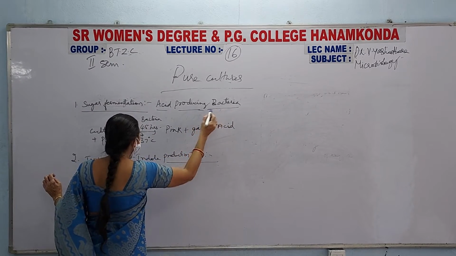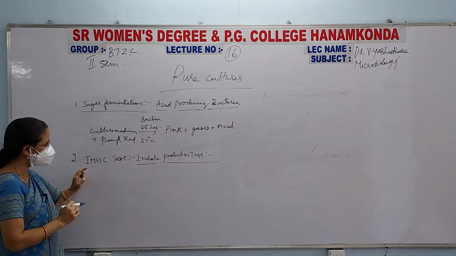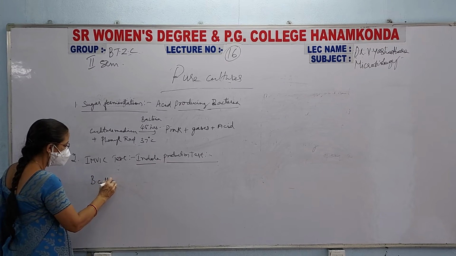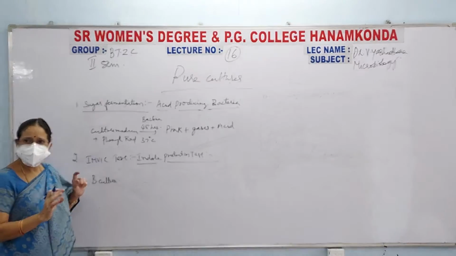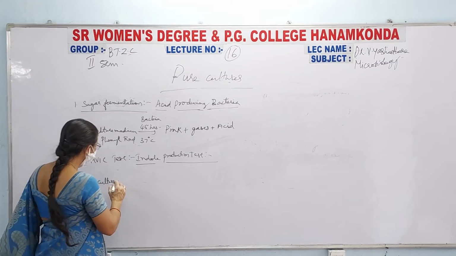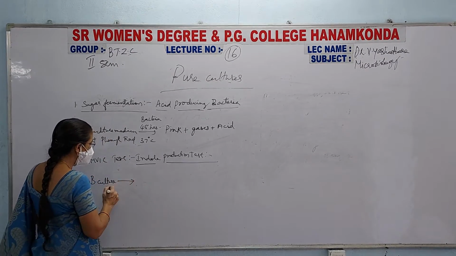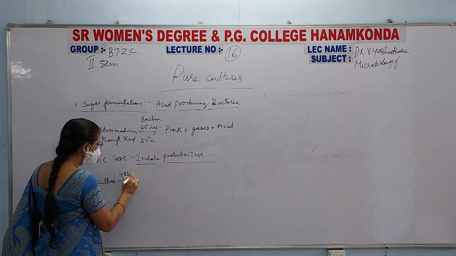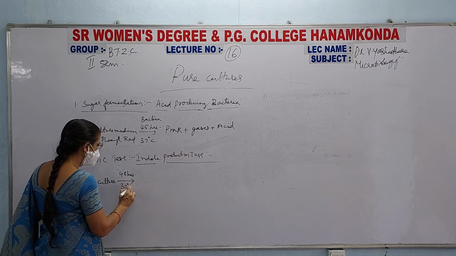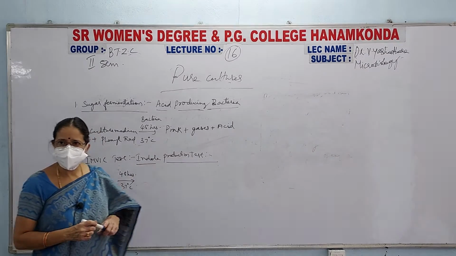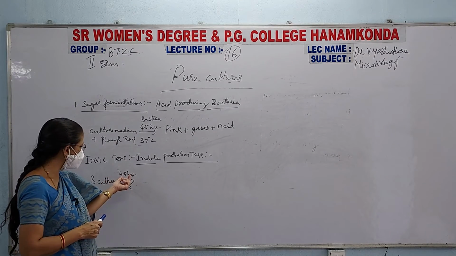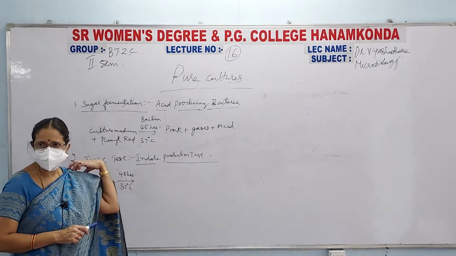Now see here, in this test what you will be doing is take bacterial culture, and grow it for 48 hours at 37 degrees centigrade.